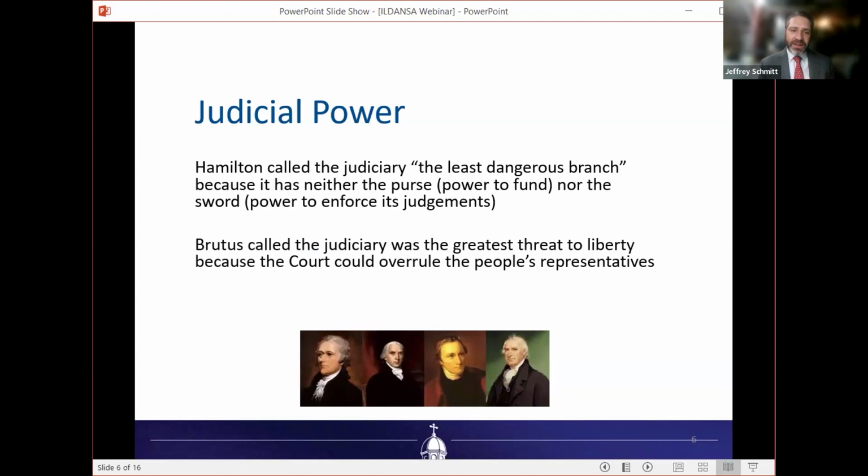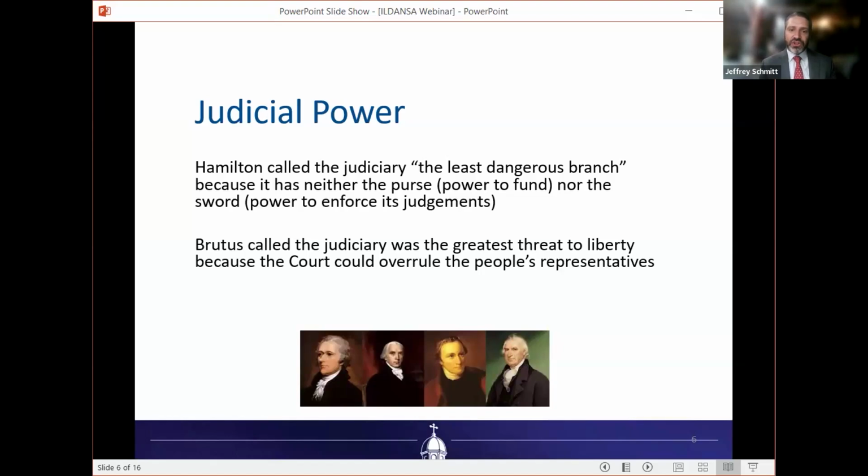However, the anti-federalists, the people who were arguing against the Constitution, argued that no, the Supreme Court is dangerous. It is the biggest threat to liberty because if we give the court this power of deciding whether federal law is valid, if we give them too much power, they could get out of control.